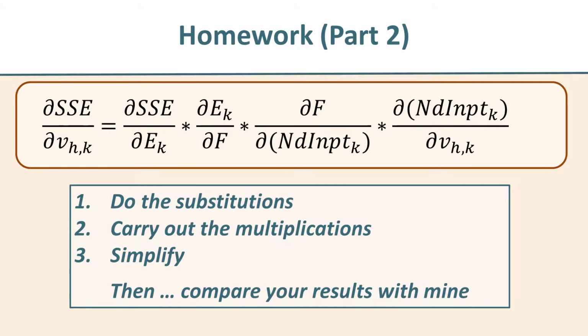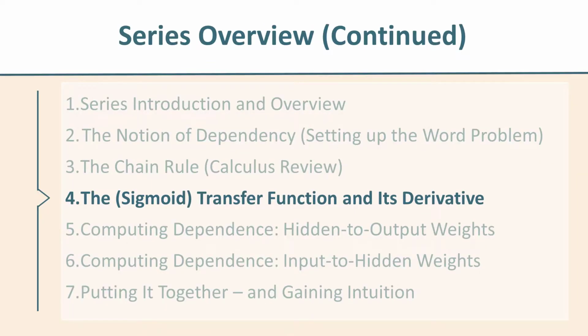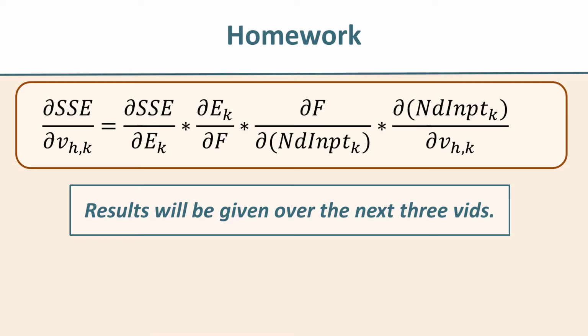The other thing that we can do, since we already know the partial of the transfer function with respect to the inputs, we can do some substitutions there, and we can carry out the multiplications and simplify the results, and then we can compare results with what I'll show in the next video on the transfer function. So that's something to do between now and then.